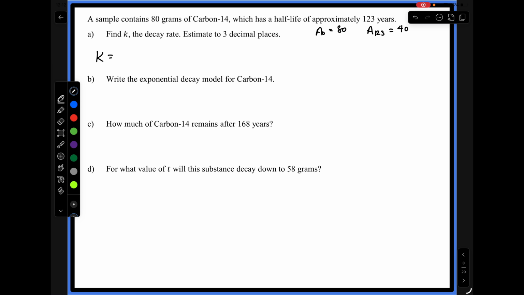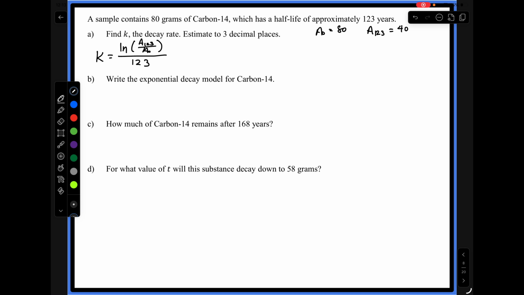The general formula for figuring out K is to take the natural log of the amount we want, A of 123, divided by the initial amount, A of 0, and then divide that by the years it takes to go from 80 to 40, which is 123.